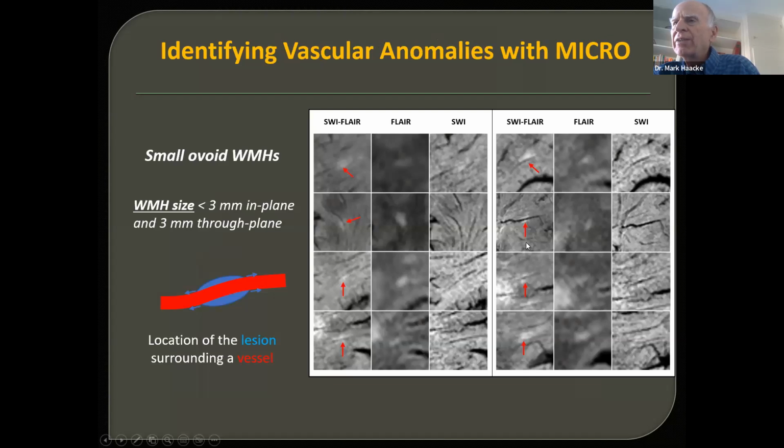This particular slide is, I think, one of the most interesting. So now, by looking at a combination of the SWI and FLAIR data, and I'm going to focus on this case right here, you can see a small enhancement around this medullary vein. That's shown here in the cartoon on the left, where the blue represents this inflammatory effect.